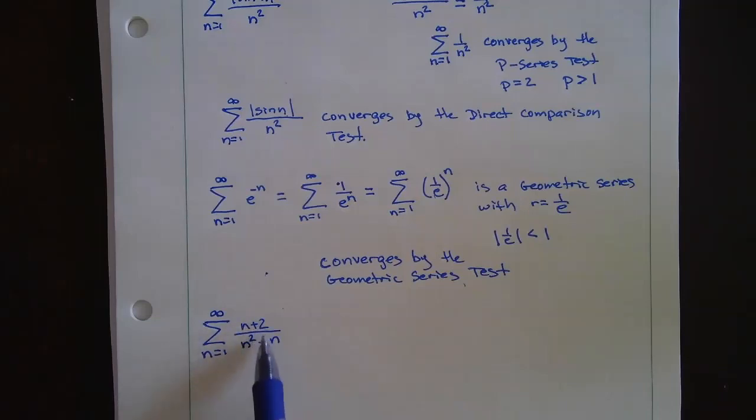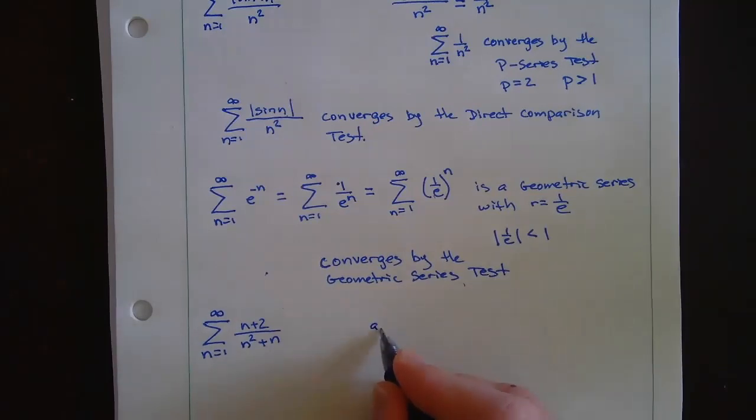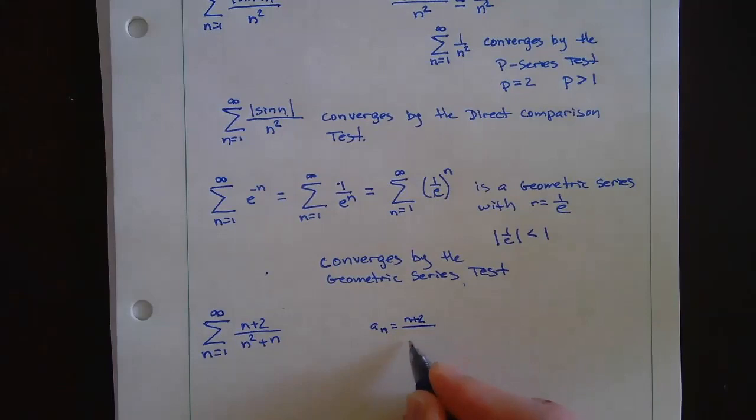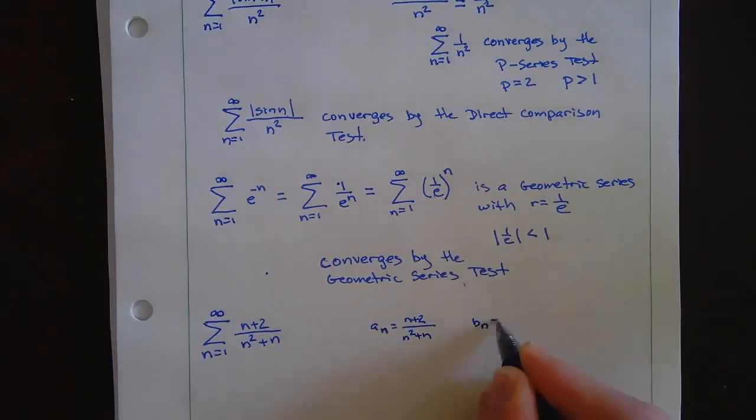So I want to compare it to 1 over n, and for this one I want to do the limit comparison test. So our a sub n is n plus 2 over n squared plus n, and my b sub n is 1 over n.